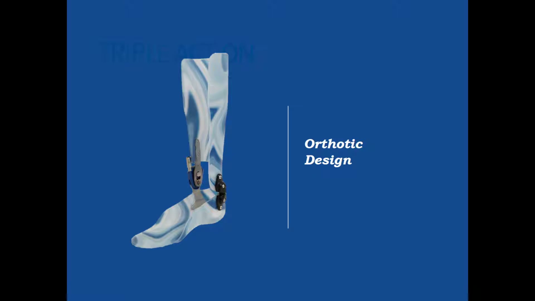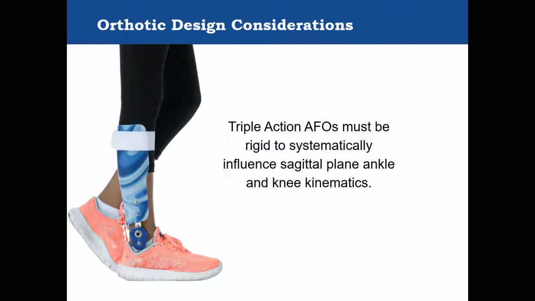In this section, fundamental aspects of triple action AFO design will be discussed. The success of the clinical outcome starts with effective orthotic design. Triple action AFOs must be rigid to systematically influence sagittal plane kinematics.